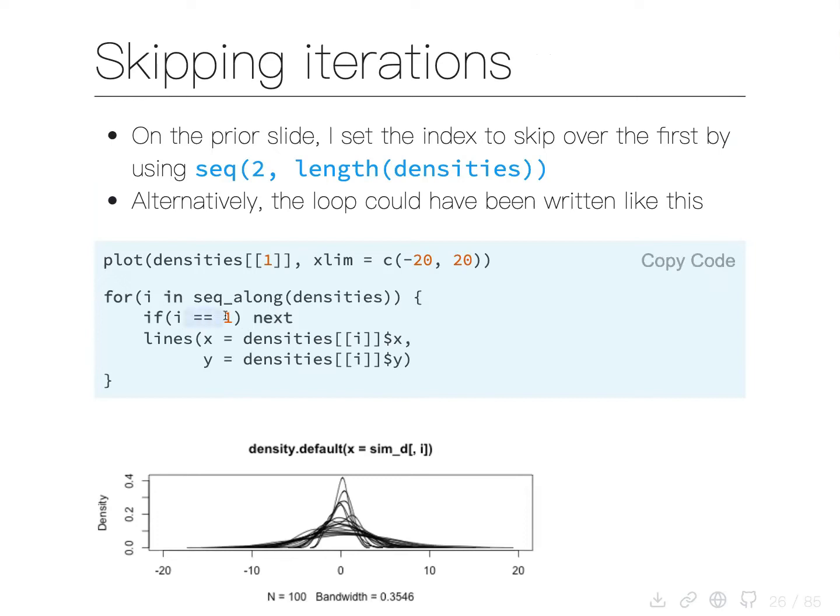Normally, you wouldn't really do that. Most of the time that you're using a next, it's for something like you're doing some calculation and it assumes that it's positive. And so then you have to say if whatever the thing is negative, then next. Like just skip that one and go on. This is not something I use a whole lot though, because I usually get that figured out before I'm doing my looping.